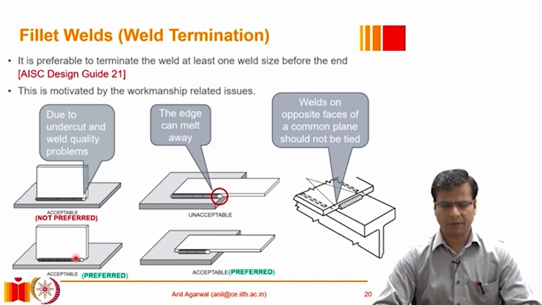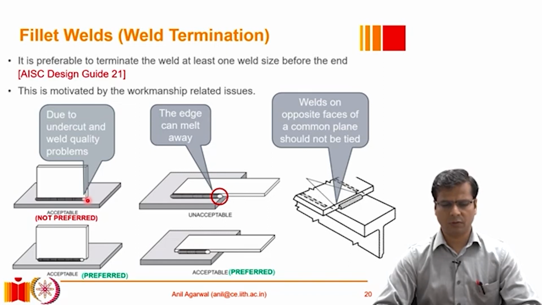For example, between these two options, you can see there is a horizontal plate in both cases, and there is a vertical plate which is being fillet welded to it. Now, it is general understanding that the second option is the preferable one, even though the first one is also acceptable, but special care needs to be taken, and therefore it is not really the preferred option.